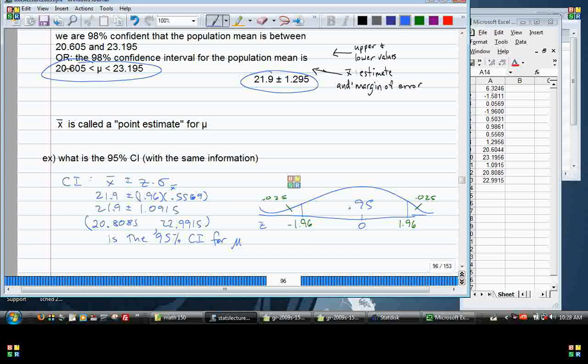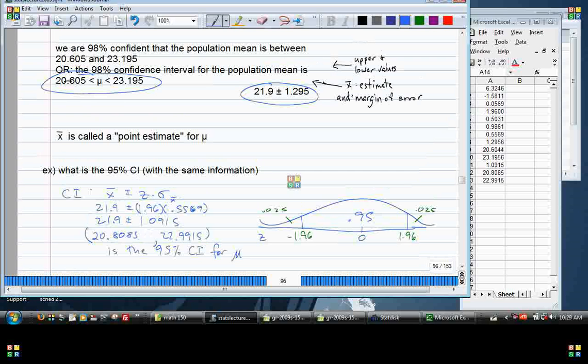Just say the entire answer. You can write it like this: 20.8085, 22.9915 is a 95% confidence interval for mu, or you can write it in any of the previous ways. So again, there are maybe about three or four different ways to write down the answer that are all equivalent and all acceptable.